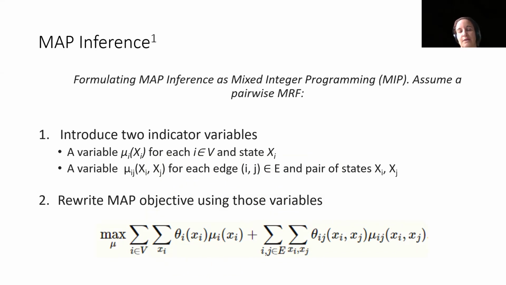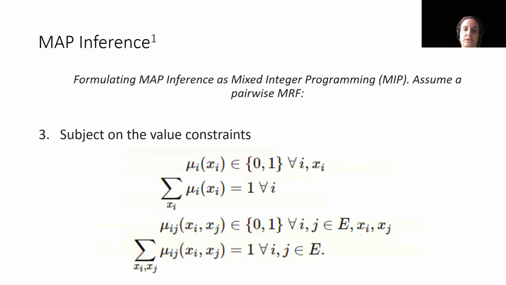If we know, for example, for x1, the active value is 3, for x2, the active value is 5, and so on, this set of active variables is the assignment that maximizes this problem.